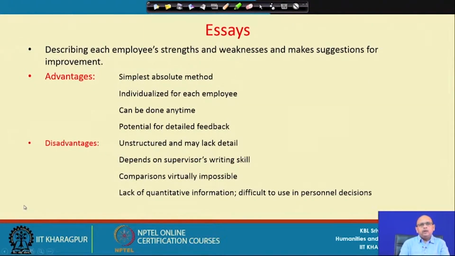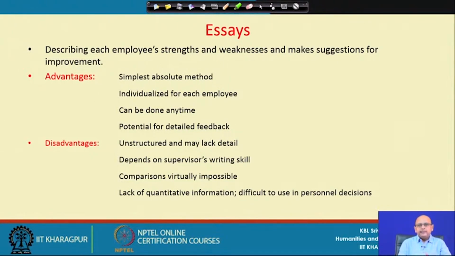Essay is the most popular and the simplest way to do things, right. In an essay, what happens? You simply describe the strengths and weaknesses. You know that in many government organizations, these kinds of confidential reports that supervisors write about their subordinates are a part of the essay. They simply give a description in this confidential report in the form of an essay describing the strengths and weaknesses of the employees and how they can improve.